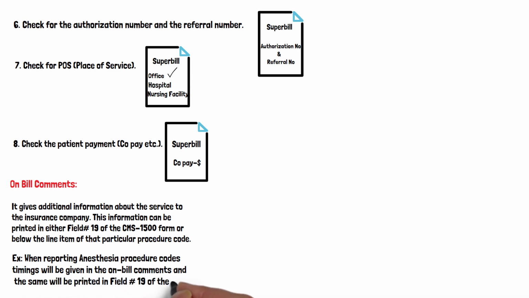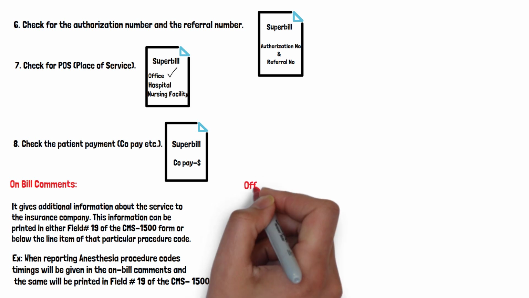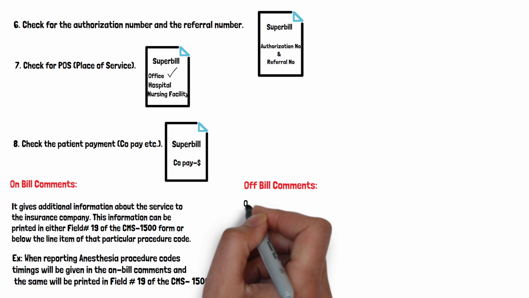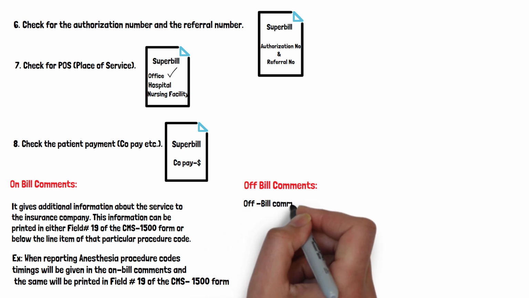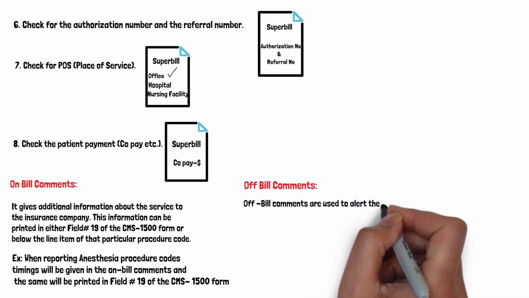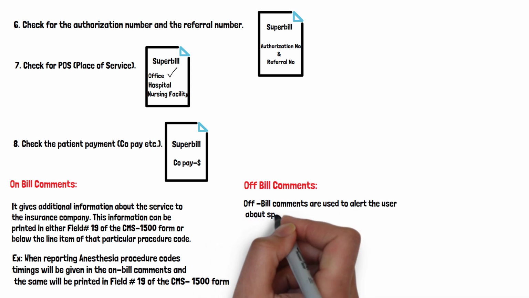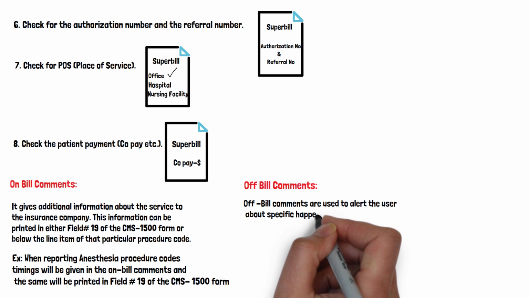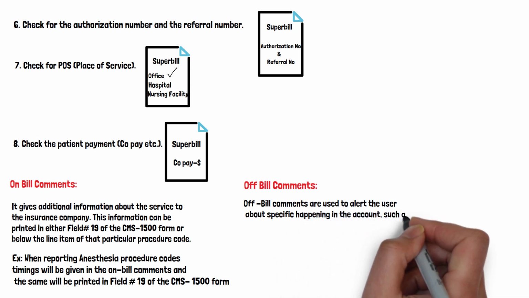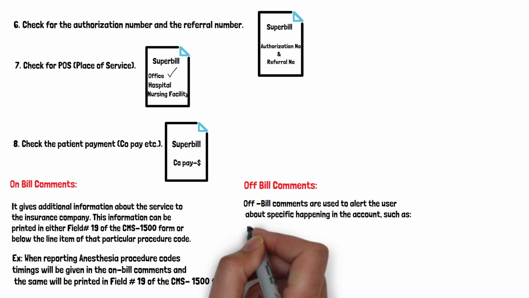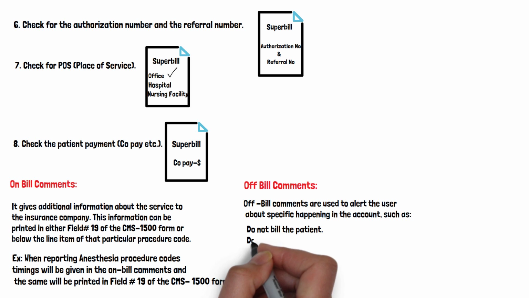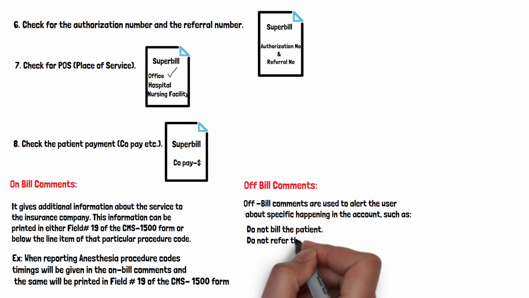Now coming to off-bill comments. Off-bill comments are used to alert the user, that means the billers or the billing office, about specific happenings in that particular account. Like the doctor decides not to bill the patient. Say there is a non-covered service for which we need to bill the patient, but the doctor decides not to bill the patient.